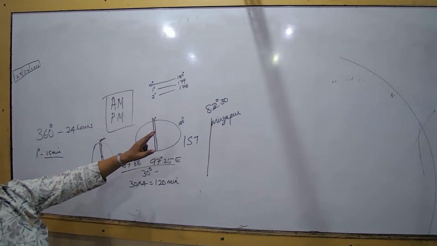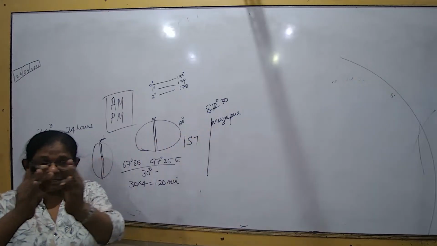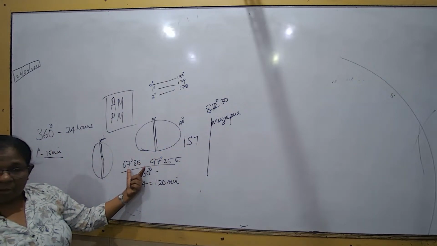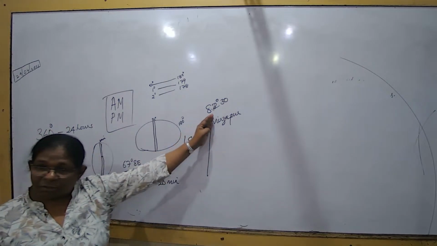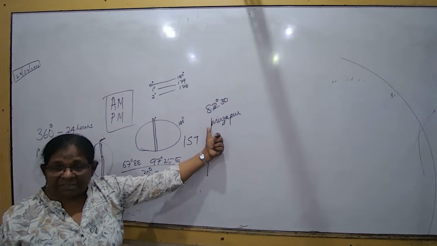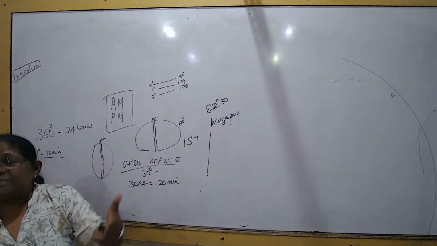You take 67.8 to 97.25, and the middle longitude is 82.5 degrees. So when the sun passes through Mirzapur, the time at that moment is taken as the standard time.